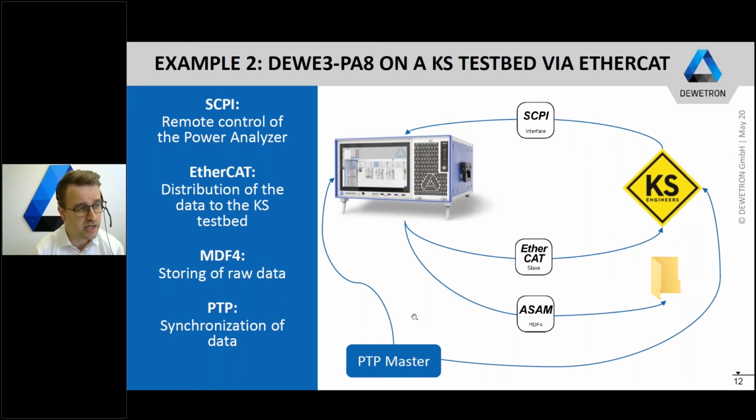We saved the data as an MDA4 data file as well for Crystalline Site, and we used an external signal generator for synchronizing our system, and that was a PTP master in this case. So as I said, those three parts: remote control, sending information over another interface, and synchronization, are all part of this example.